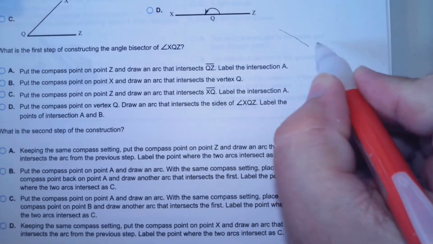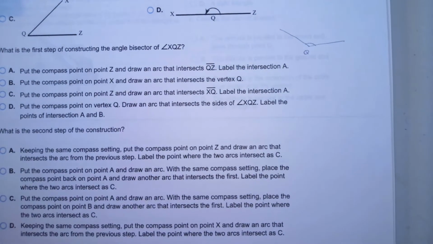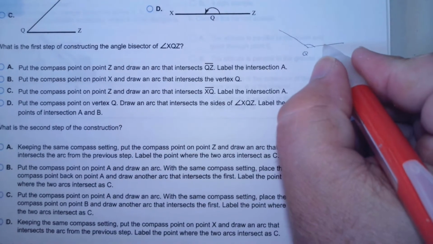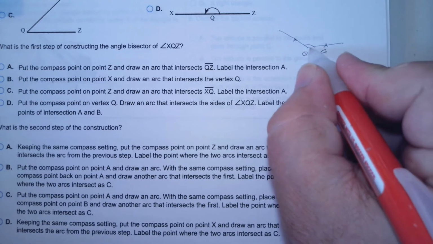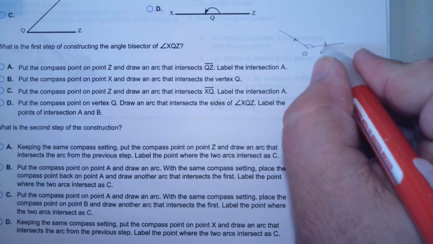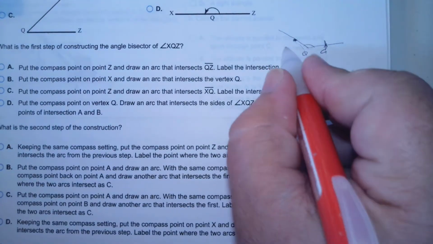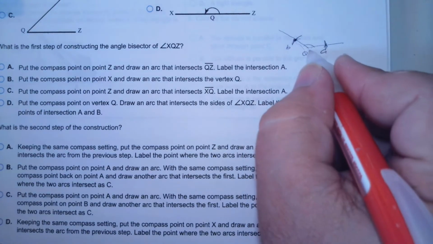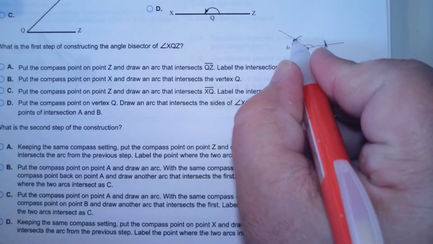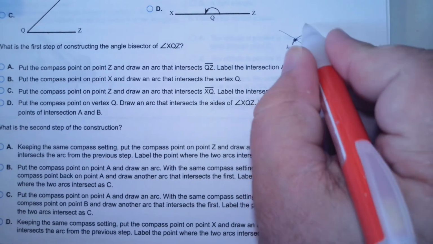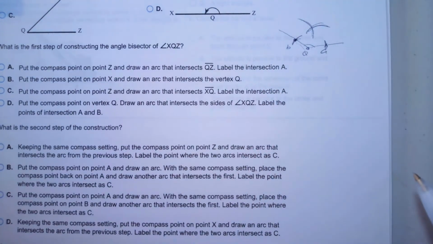Here's our angle Q. What we would do is put some points. Put one point A with your compass, measure it out, and then draw a circle over there, so it's the same distance from Q. Right? Now from B and A, with the same distance, draw circles.